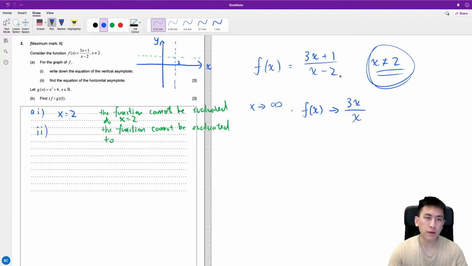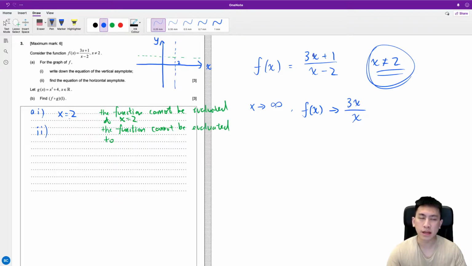Now the plus 1 and minus 2 doesn't really matter in that case because they are too small. Even though they're still there, f(x) is only approaching 3x over x anyway. The plus 1 and minus 2 become more and more negligible as x gets bigger.